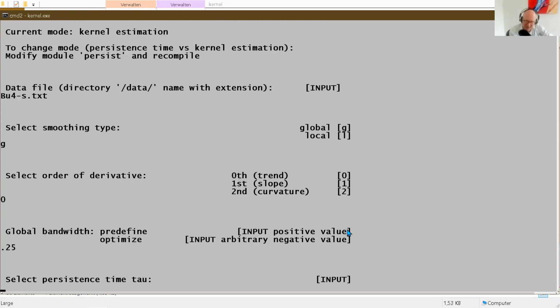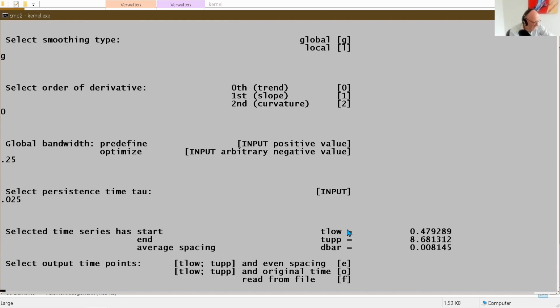And now what I estimated, 0.025, and enter. Now I'm being asked for the time interval. Very often I take the original time interval, O, and enter. But it's still powerful software.